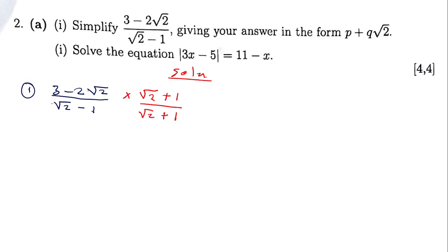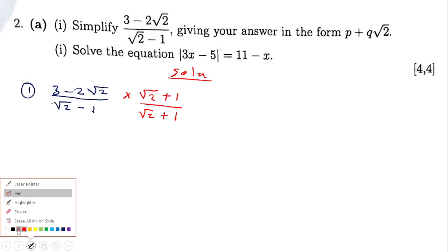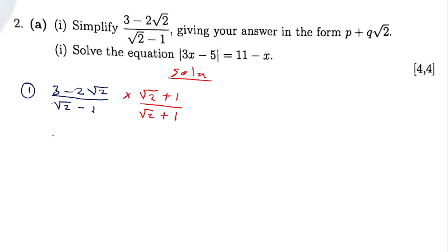After doing that, I multiply the numerator and also the denominator by what I've done. So I'm going to have 3 minus 2 square root 2, times the bracket square root 2 plus 1, and then you have over.